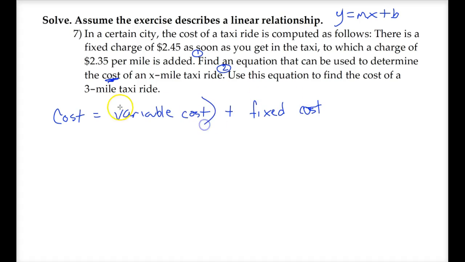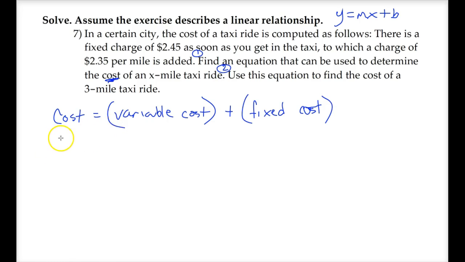Okay, the variable cost is the cost of how many miles we're charged, the rate per mile that we're charged after we get into the taxi. The fixed cost is what we're charged as soon as we get into the taxi. So in other words, if you wave at a taxi and they stop, just because they stopped and allow you to get into the taxi, you're being charged $2.45 there, okay?